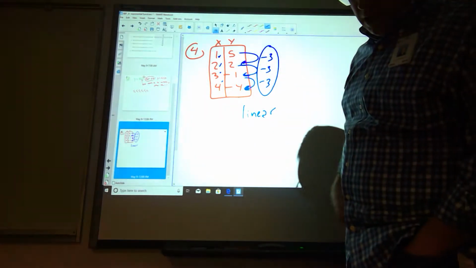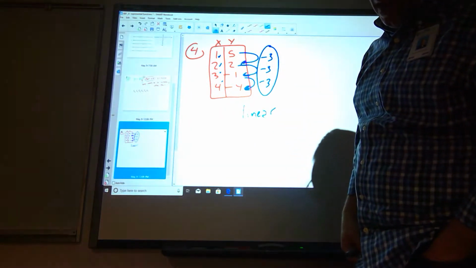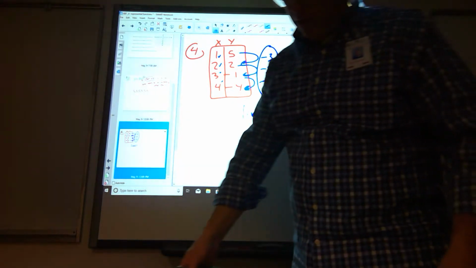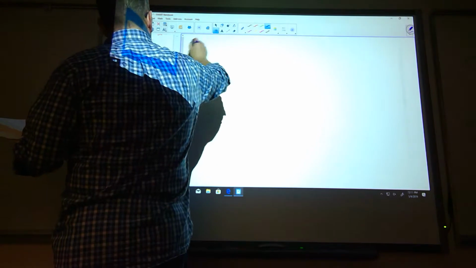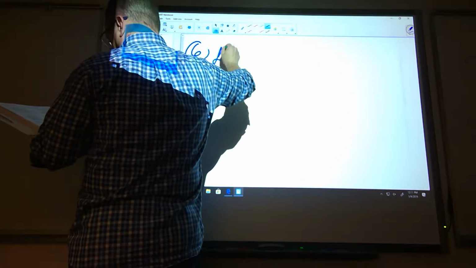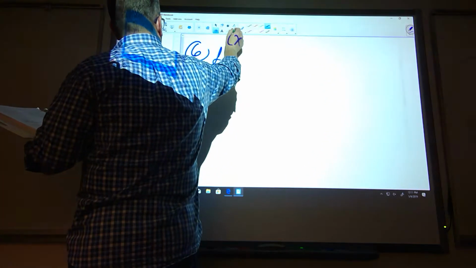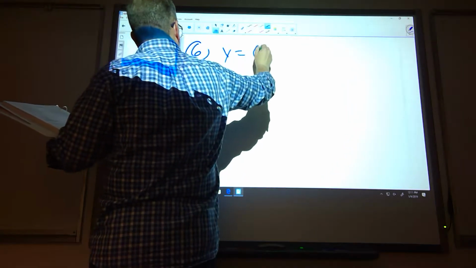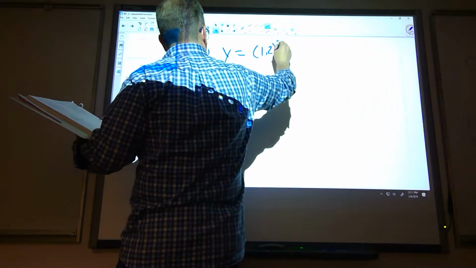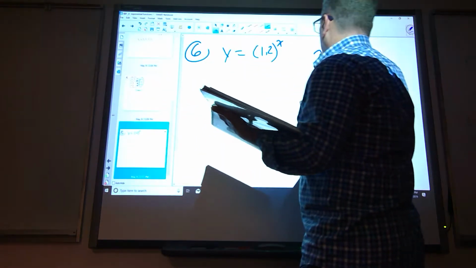All right, 6. Evaluate the function for the given value of x. Okay, 6. F of x. Oops, no, it's not even that. Y is equal to 1.2 raised to the x. And they want us to plug 2 in.